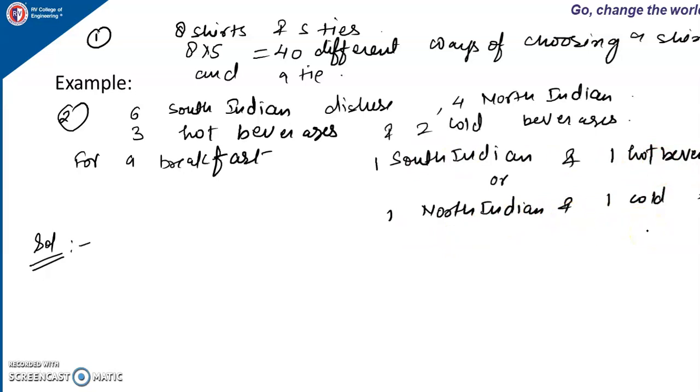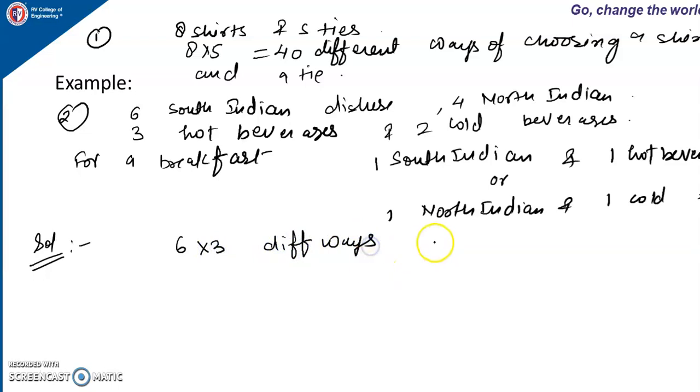So if he wants to have this breakfast, what should he do? How many South Indian dishes are there? There are 6. And how many hot beverages? 3. If he wants this combination as breakfast, there will be 6 into 3 different ways.